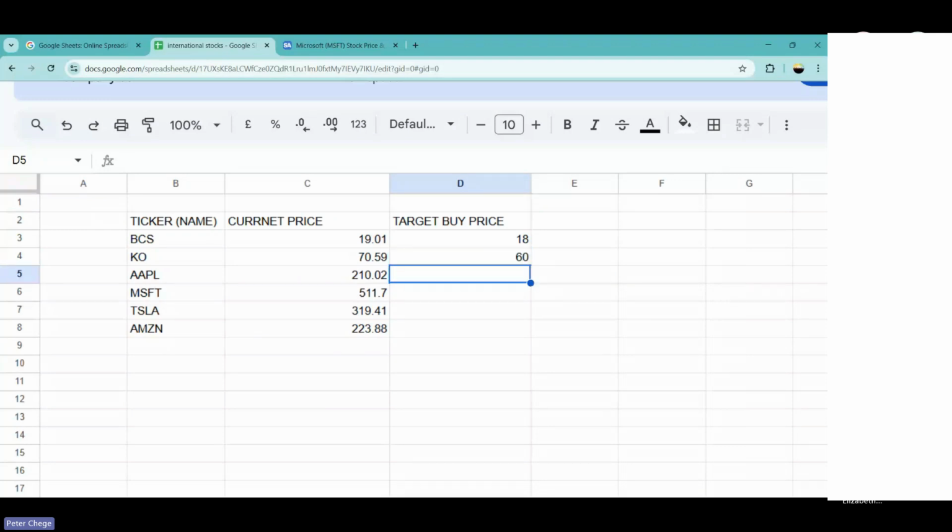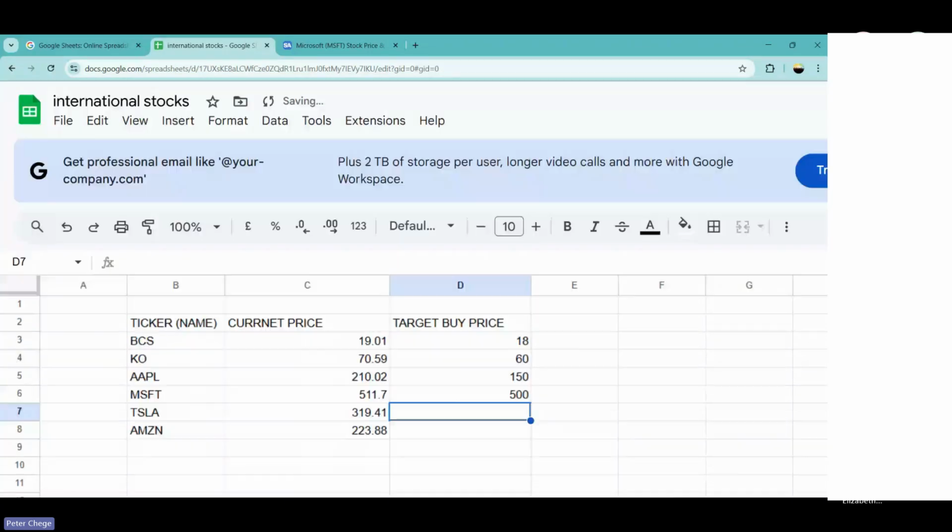Apple, maybe it is highly liquid and volatile. Maybe I can buy when it goes to $150. Microsoft, with their technology, you didn't expect it to fall down that much. Maybe when it goes to 500. Tesla, again, with their innovations and whatever they are doing with the Trump, maybe I can buy when it goes to 200.